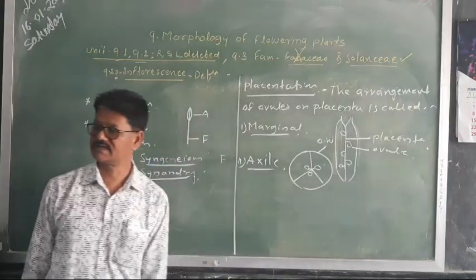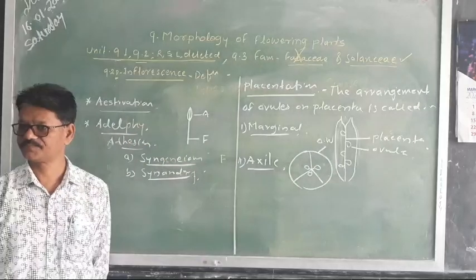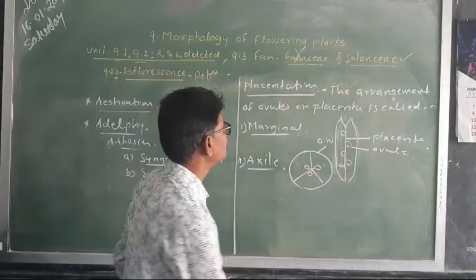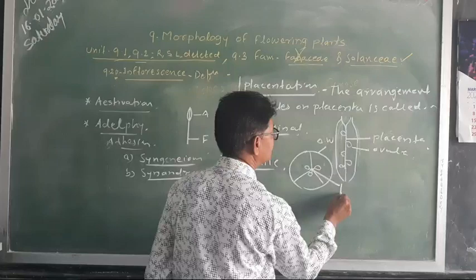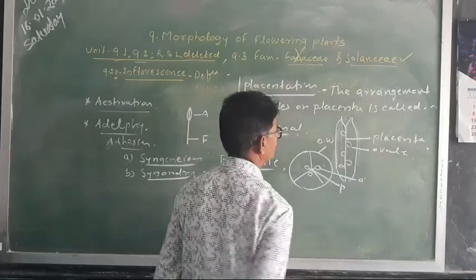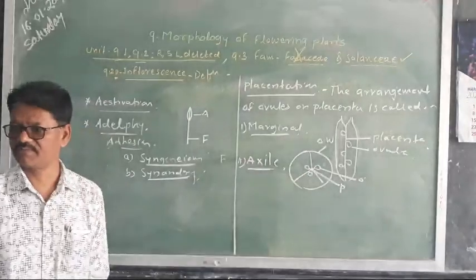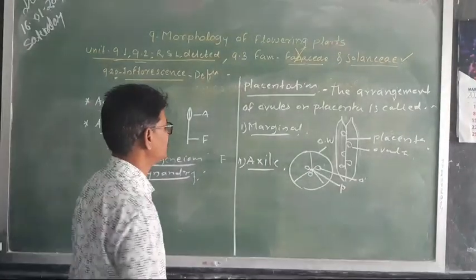It is called axile type of placentation. Means one of the axes is a centrally placed placenta, these are the ovules. So it is axile type of placentation because they form on the main axis.